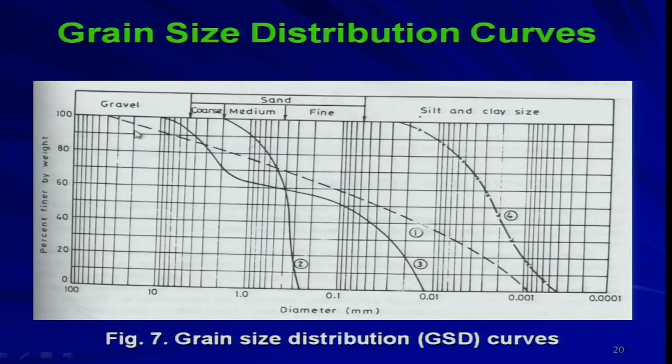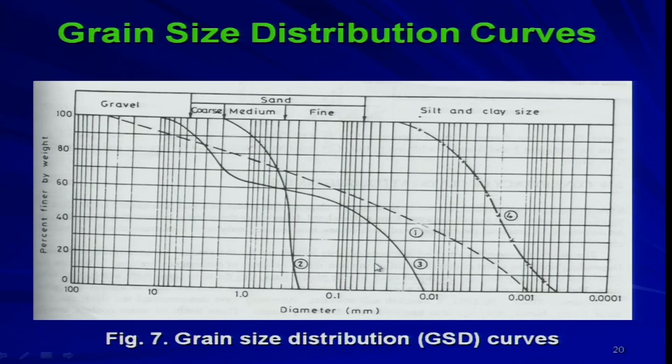After combining these two results, obtained from your sieve analysis and from your hydrometer analysis, we get the grain size distribution curve, which will look like this. This plot is basically a semi log plot. This is the normal axis, the percentage finer by weight along the y axis, and along the x axis you have the diameter, which is on a logarithmic scale.